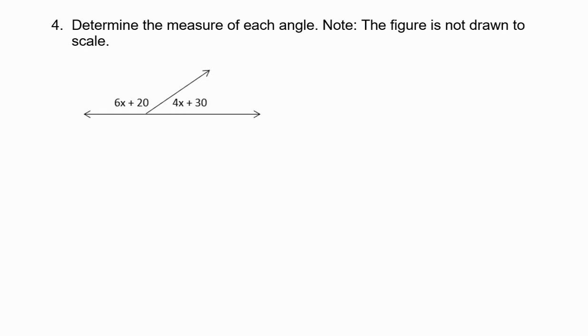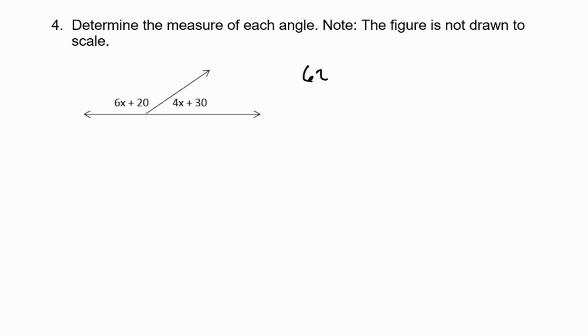Okay, problem 4, determine the measure of each angle. Note the figure is not drawn to scale. Now, what you need to remember here is that a straight line is 180 degrees. So these two angle measures have to add up to be 180.